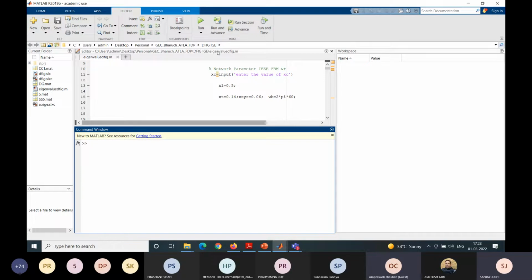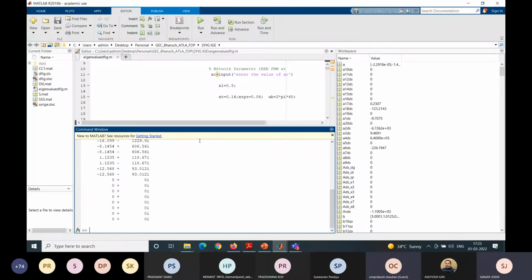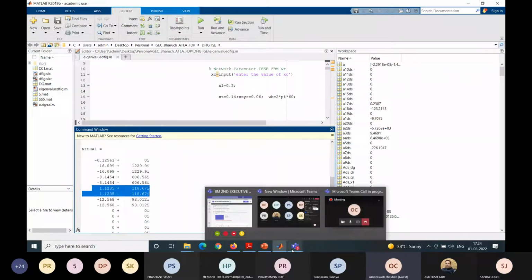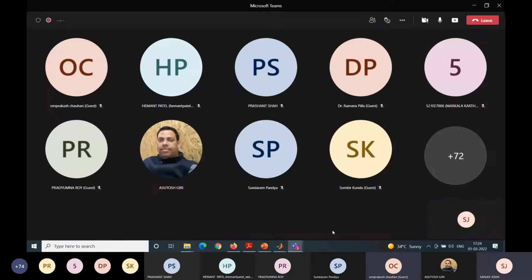Now I run the same file again, 0.3 pu, 0.75 pu. Can you see this network mode has been selected as unstable? Okay, fine.